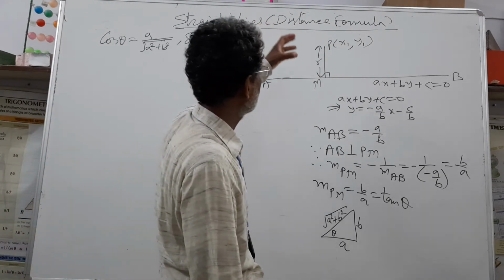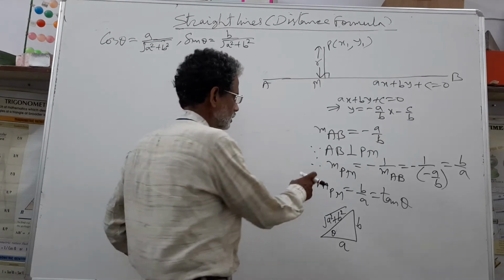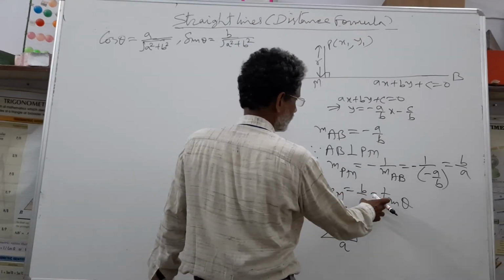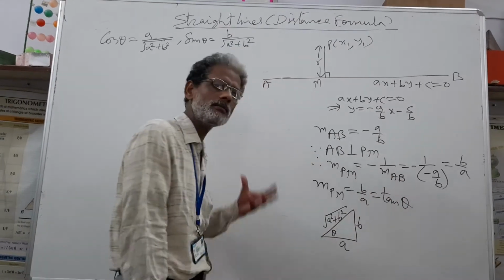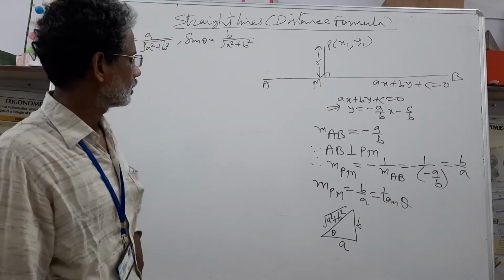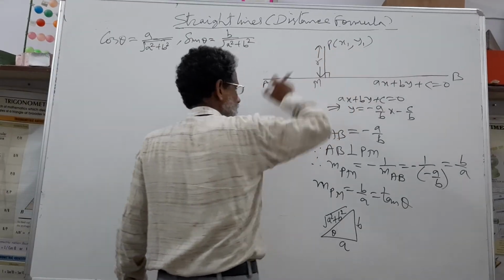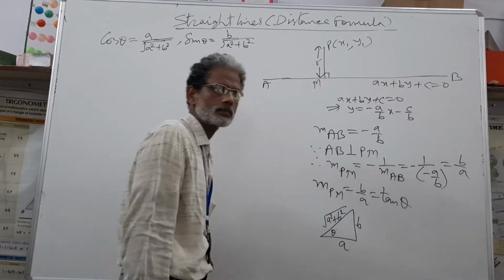The angle made by PM with the x axis is theta, because the slope of PM is tan theta, where this theta is the angle made by the line with the x axis. Now the passing point is (x1, y1), the distance is r, and the angle is theta.